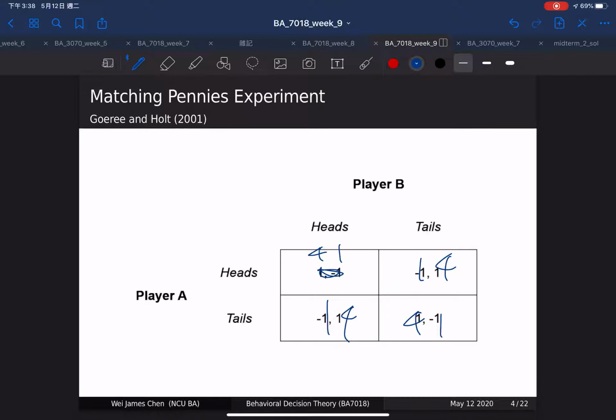What I'm saying is, if you run the analysis that we did for this game last week, you'll find that the theoretical prediction is still that the Nash equilibrium is you play half heads plus half tails. Both of them playing this strategy will be the Nash equilibrium.